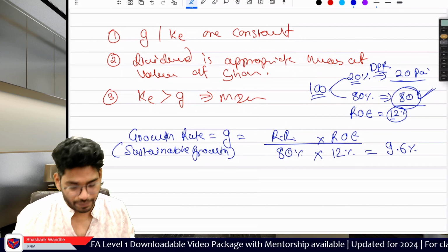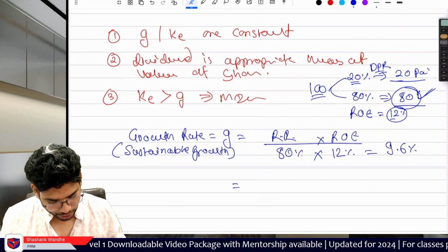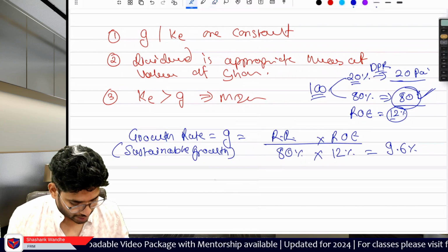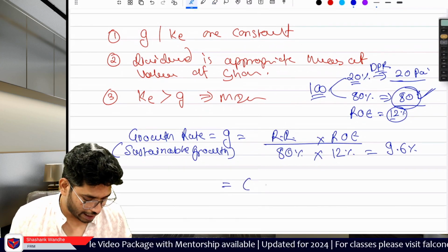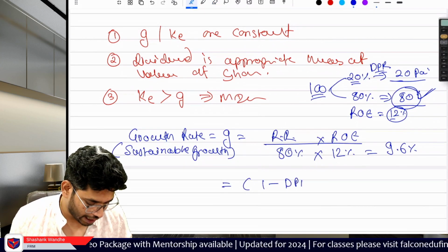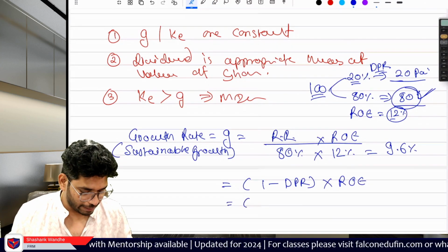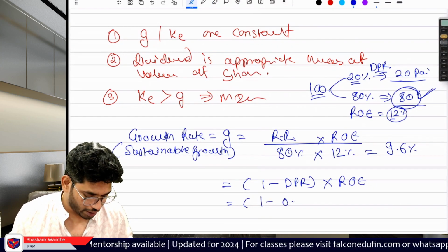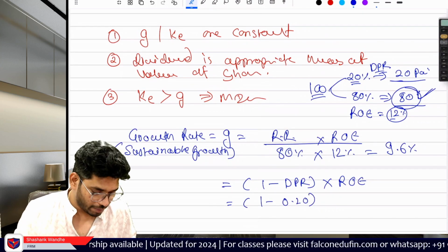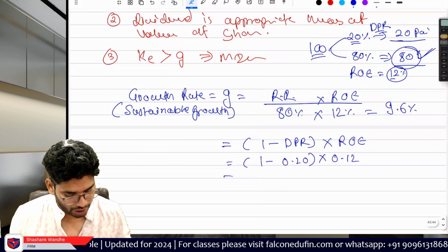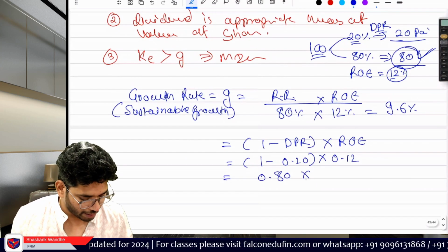Now we will use the g. This retention ratio can also be written as 1 minus DPR, dividend payout ratio, multiplied by ROE. So what is the DPR? 1 minus 0.20, 20% is the dividend, multiplied by 0.12, return on equity. Now again do the calculation, it will be 0.80 multiplied by 0.12.